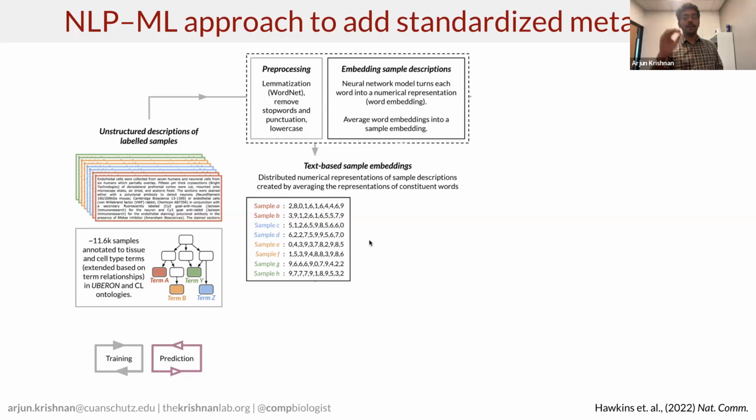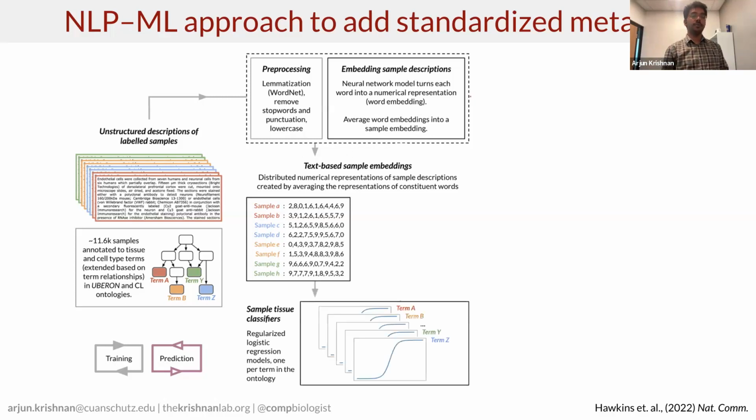Okay, all right. Now once you have these numerical representations, what we then do is to train a machine learning model that can predict, for any sample based on its text-based numerical representation, whether it comes from a particular tissue or not. So you can train a model for heart, brain, kidney, liver, and as many tissues and cell types as possible. Okay.